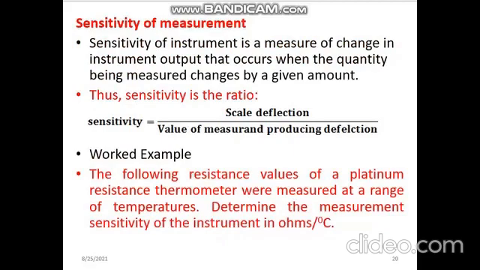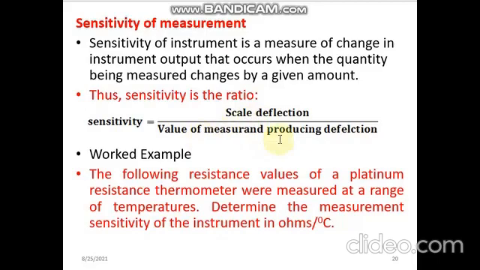So the next parameter is the sensitivity of the measurement instrument, and the sensitivity of the instrument is a measure of the change that the instrument output will experience as a result of the input it has detected from the sensor. So the sensitivity is given as a ratio of the scale deflection, that's the movement of the pointer, to the value you are measuring from the sensor.